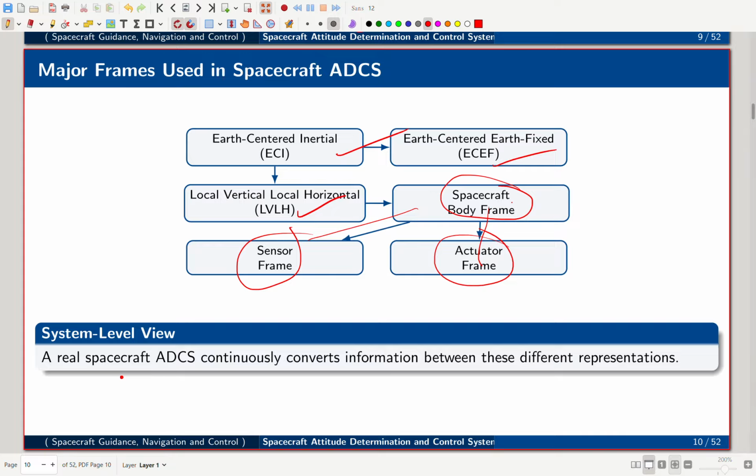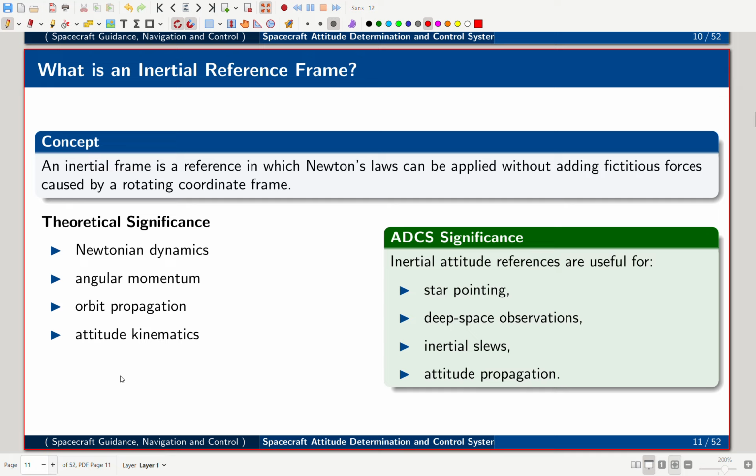Okay, so I hope you understood the importance of the frames. Now we move on to the classification of frames.